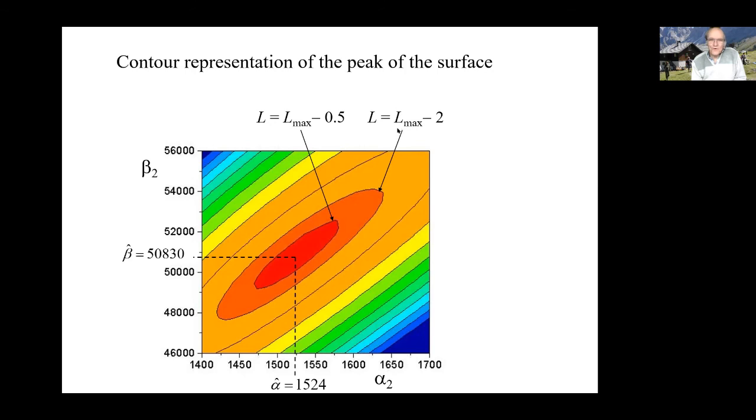The contour which is 2 log likelihood units below the maximum actually corresponds in a rough sort of way to a 95% confidence interval. So next time we go on to fitting some real data with some real mechanisms.